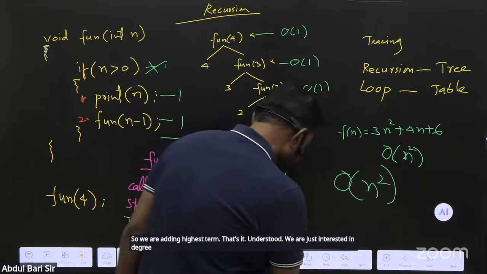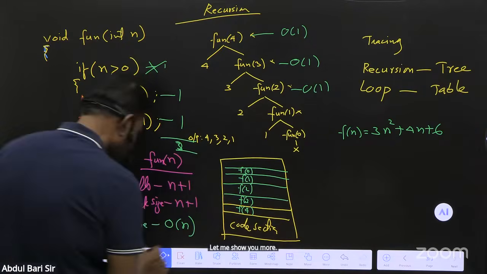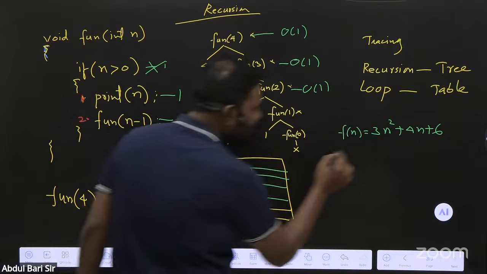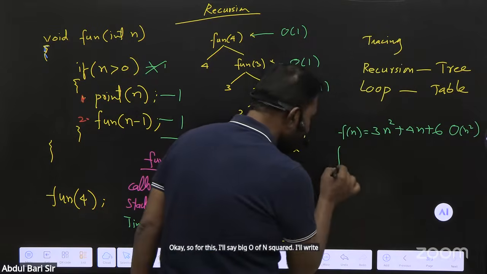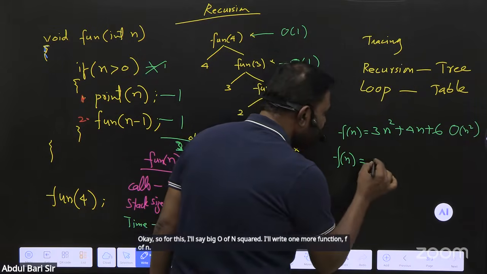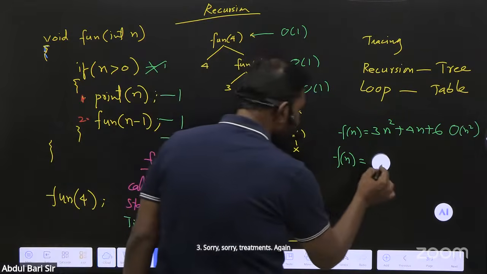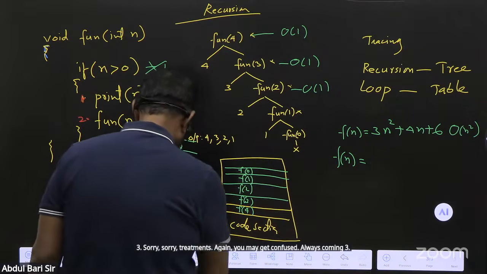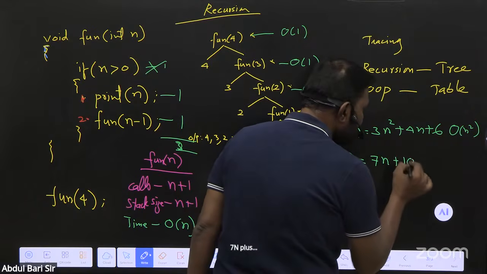Now, let me show you more. So for this, I'll say big O of n square. I'll write one more function, f of n, 7n plus 10.